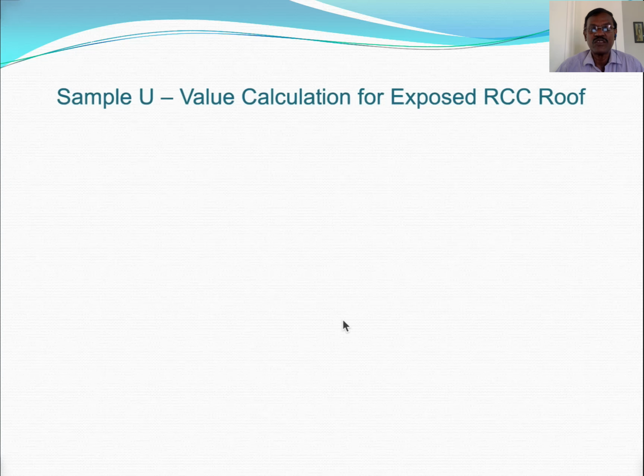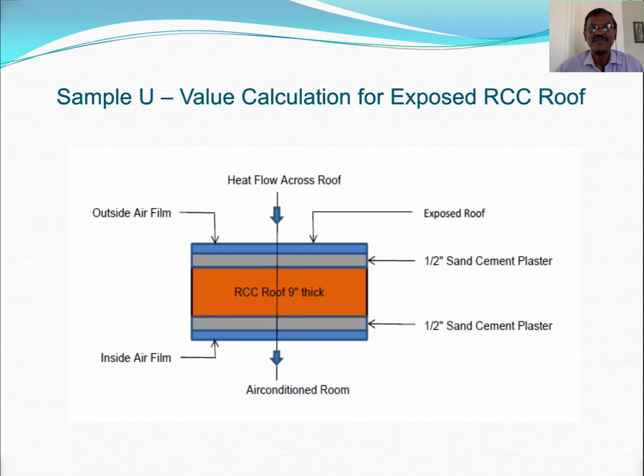Now we will see the exposed RCC roof. Here the heat flow pattern is downwards because your roof is exposed to sun, the air conditioning area roof. So heat flows from outside to inside.